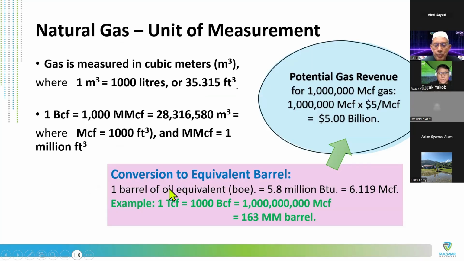The volume that we normally use is that 1 barrel of oil is equivalent in burning power, the BTU, the thermal value, to about 6,000 cubic feet of gas. So if a reservoir has 1 TCF, it is equivalent to about 160 million barrels. That's more or less to understand how big it is.